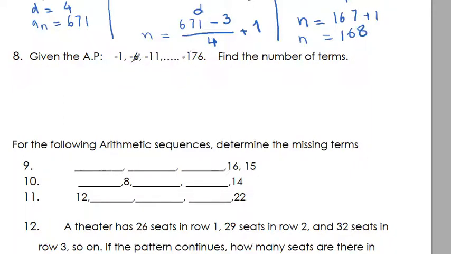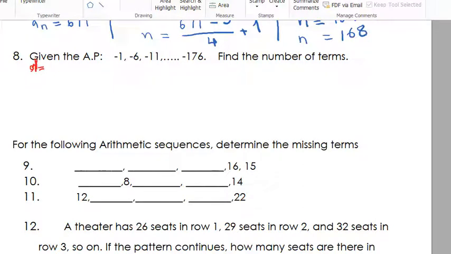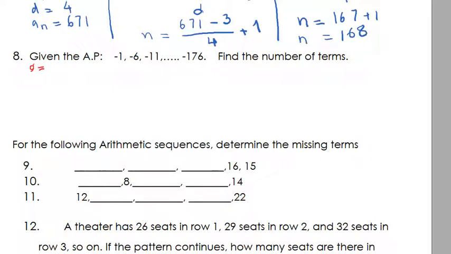But what do you know here? Alright, you know d. How do you find d here? Because it's an arithmetic sequence. Oh, it's not beautiful. Let me rewrite this.